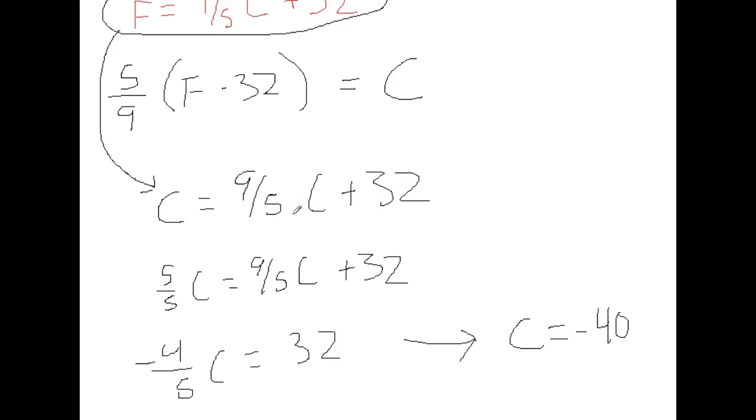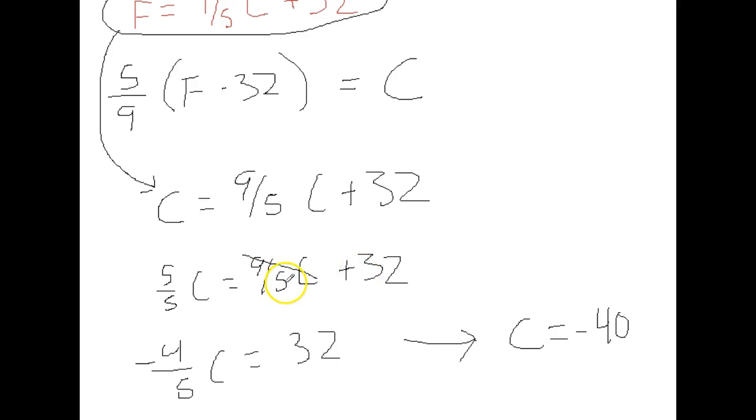And so I went ahead and wrote that 1C is the same as 5/5 C because I'm going to need to subtract 9/5 C from both sides. And so when you subtract 9/5 C from this side, it cancels out. And over here, you do 5 minus 9, you would get negative 4/5 C. And on the right side, you're just left with a 32.